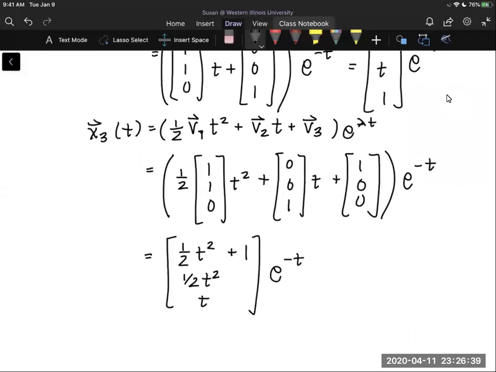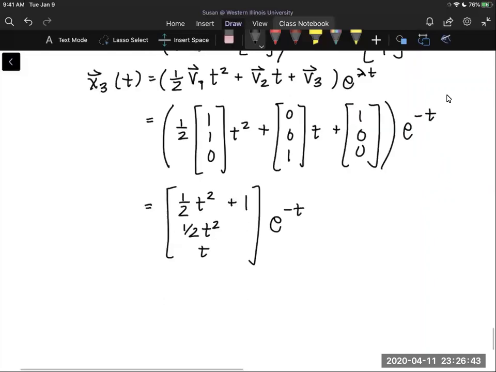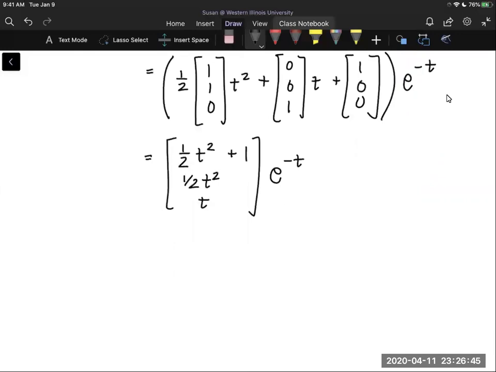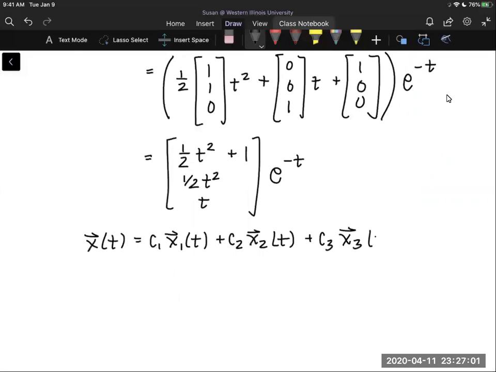All right, so now what we have are our 3 linearly independent solutions. Remember that the final solution is always of the form x of t equals c1 x1 of t plus c2 x2 of t plus c3 x3 of t.